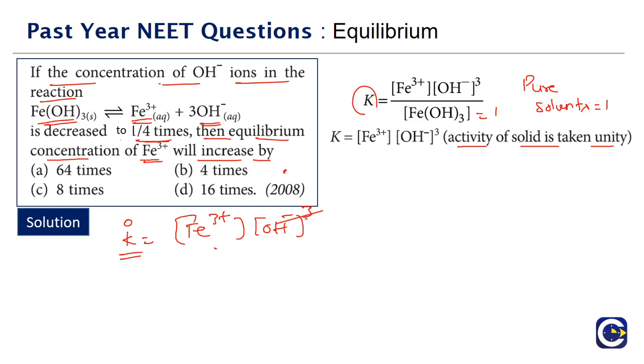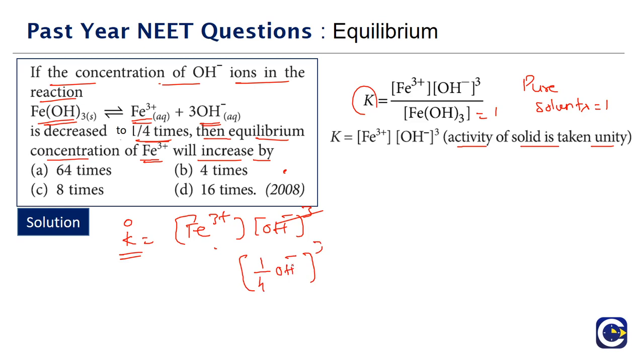So if you decrease the OH minus concentration to 1/4 of its value, what will be the concentration of OH minus here? It will be 1/4 of the OH minus original value, cubed.